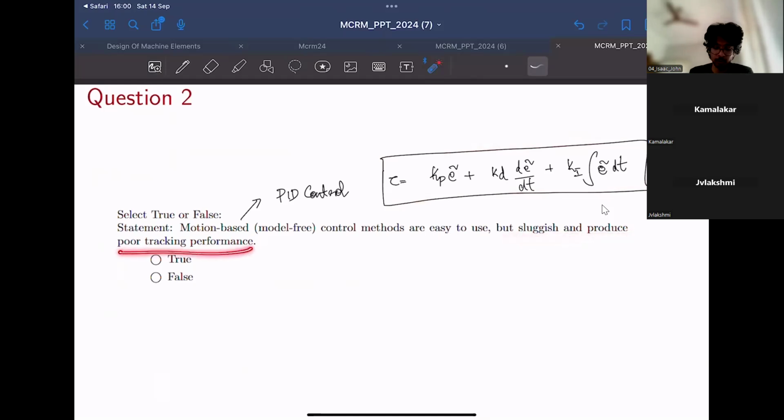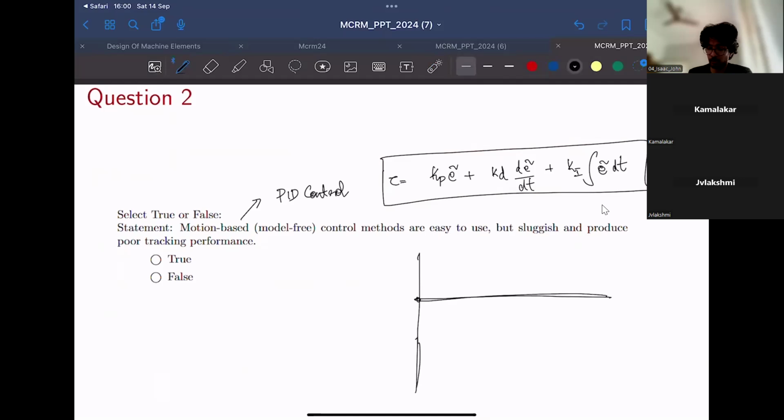And due to that, it can also produce some poor tracking effect, due to its sluggishness, or due to its non-adaptive nature, which may lead to some overshoots. For example, if this is our desired state and the system has poor tracking performance, it probably may overshoot. And when it tries to correct, it will overcorrect. And again, it will try to overcorrect.